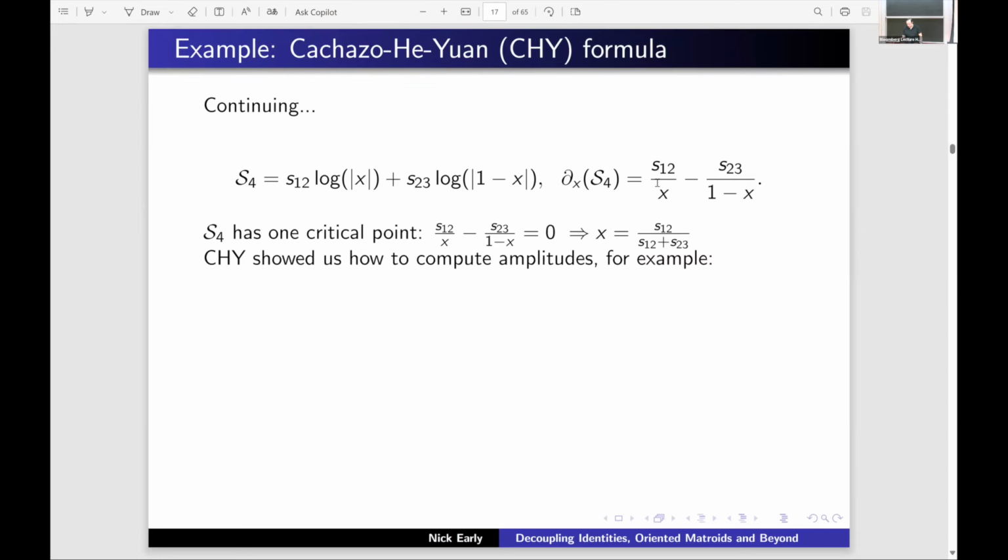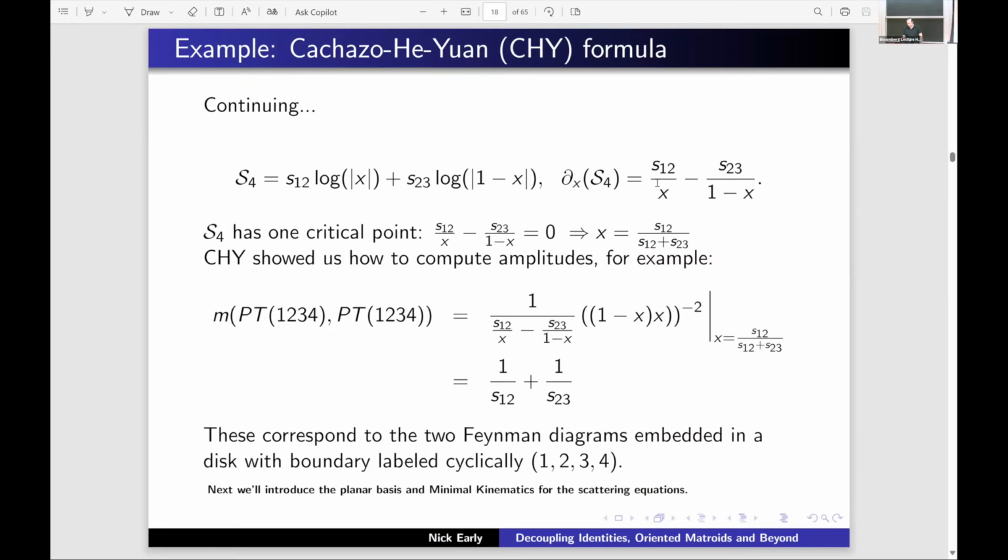So we're going to plug that in based on the formula, and we find the beautiful formula for the two Feynman diagrams embedded in a disk with a cyclic order fixed that fit there. So 2 cubic Feynman diagrams embedded in a disk, subject to the cyclic order 1, 2, 3, 4 on the Parke-Taylor factor.